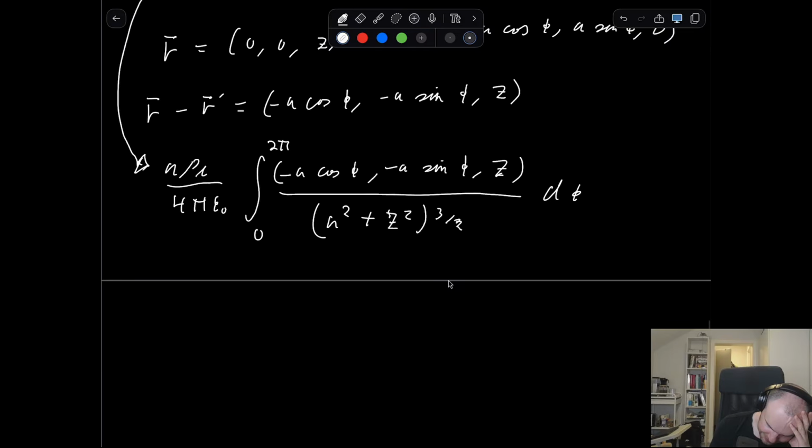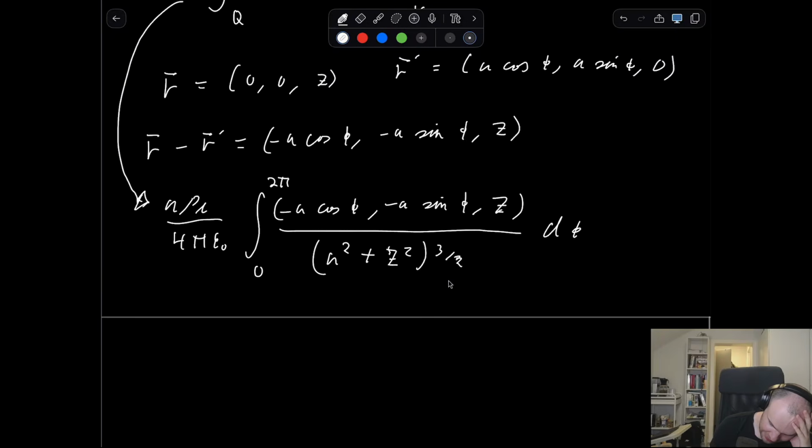Okay. Now, the only thing that actually contributes in the d phi integral is z, right? There's going to be nothing in x or y. So we just have z there.